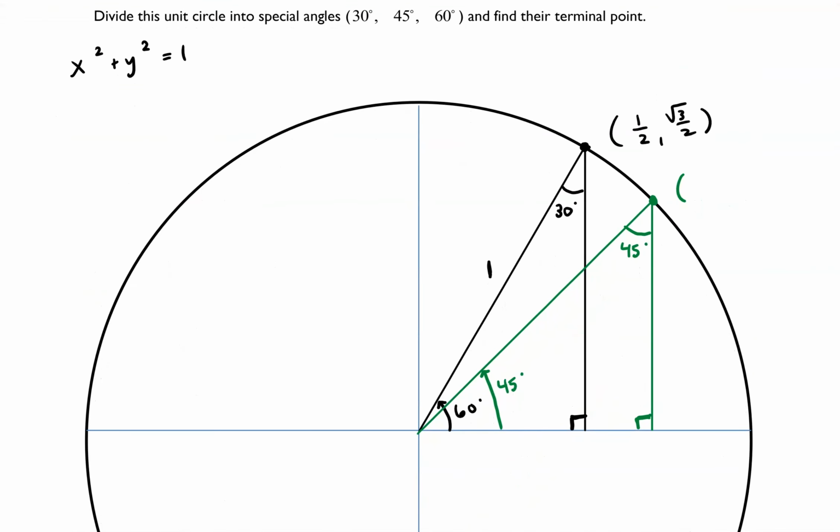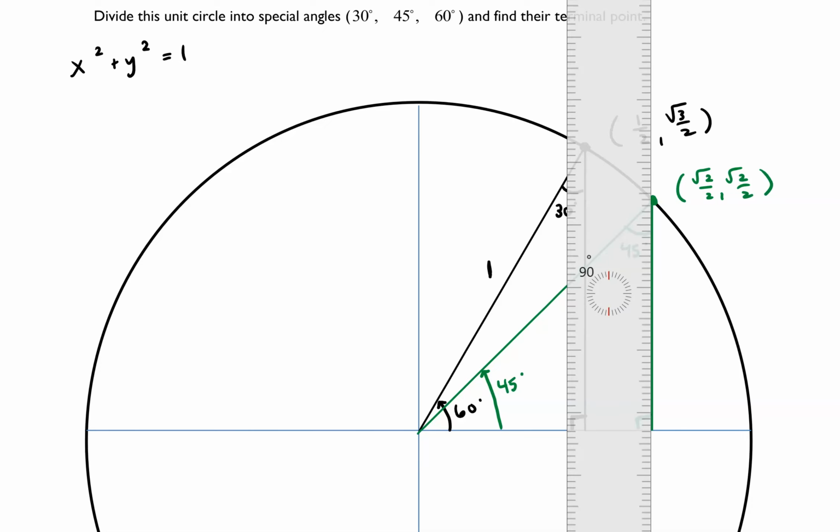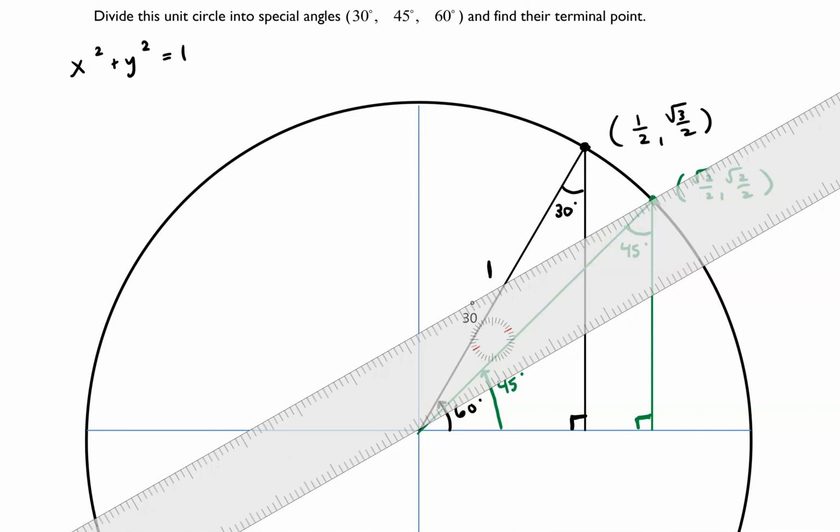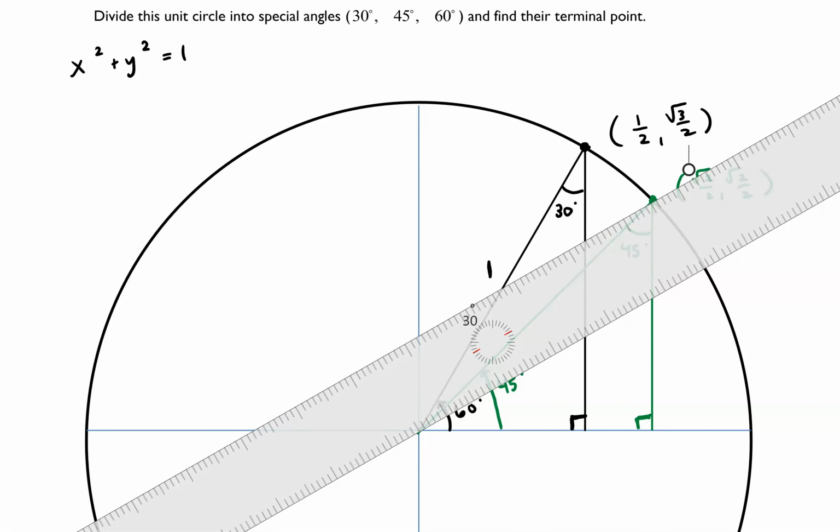So I'm going to go ahead and erase this, and we know that the ordered pair here is √2/2, comma √2/2.